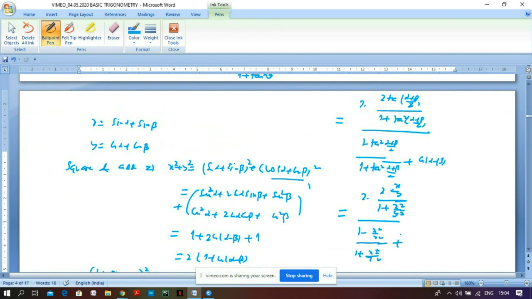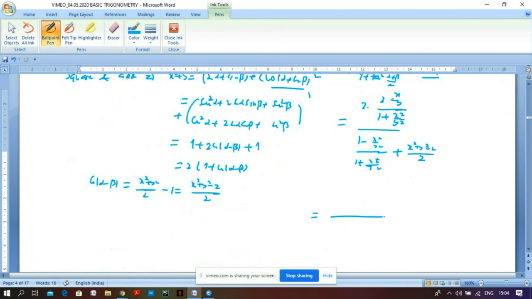And that equals here, this alpha minus beta by 2, that is also given, (x square plus y square minus 2) by 2. If I rearrange them, if I rewrite them, I get 4xy over x square plus y square in the numerator. In the denominator, I get y squared minus x squared upon x squared plus y squared, and plus (x squared plus y squared minus 2) by 2.